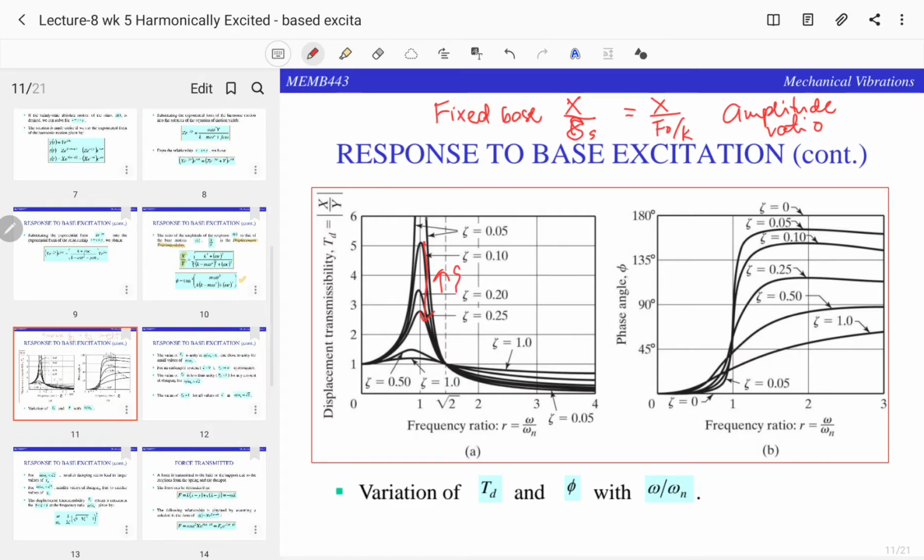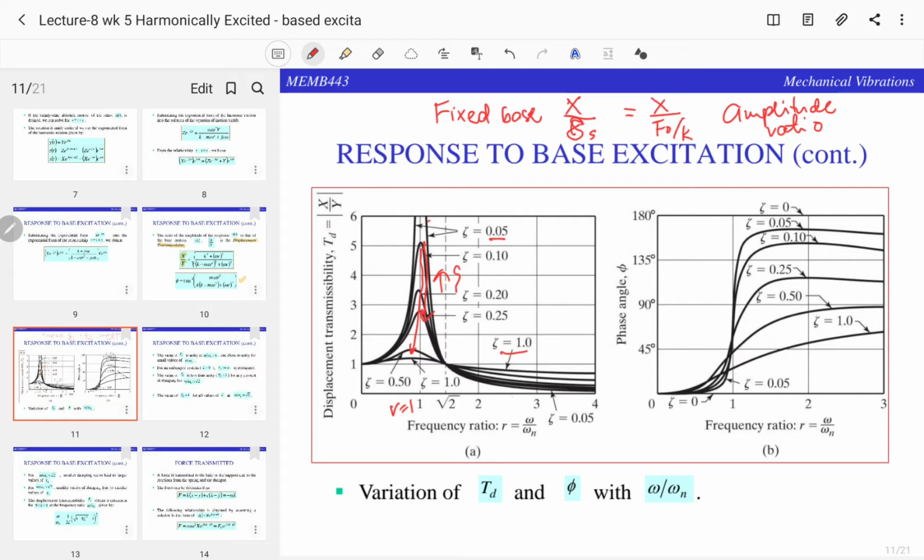This line here is 0.05, but the bottom graph here is actually 1, and it's the same, skewed to the left a little bit. So it's not exactly at r equals 1; it's slightly skewed.